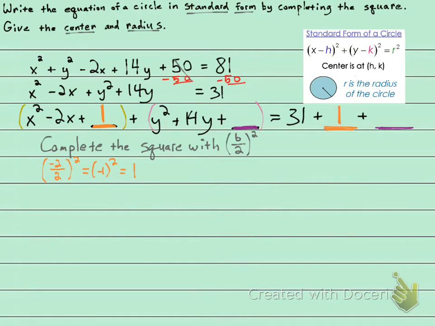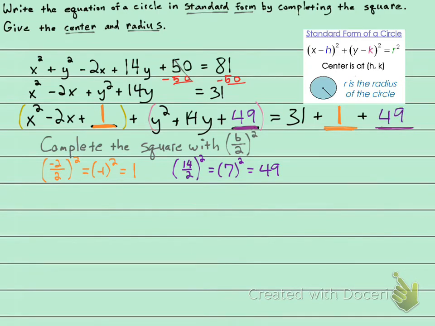I'll add 1 to the left, and I'll add 1 to the right. Can you find out the magic number for this purple? It is going to be half of the middle term. The middle term is a positive 14. So half of 14 squared. 14 over 2, half of 14 is 7. 7 squared is 49. So that's going to be the magic number that's going to help me complete the square.